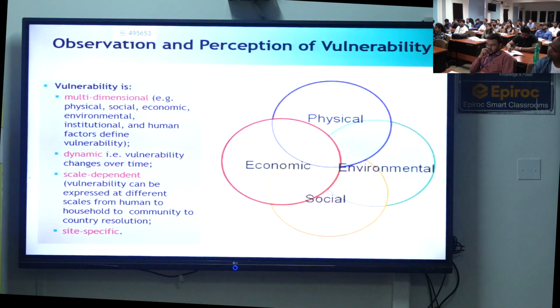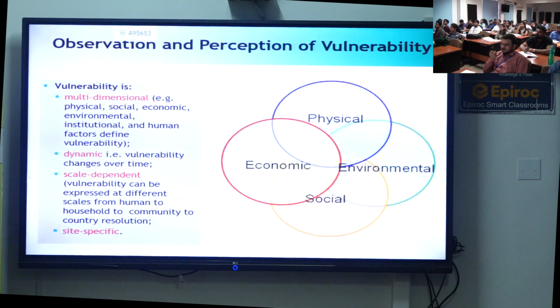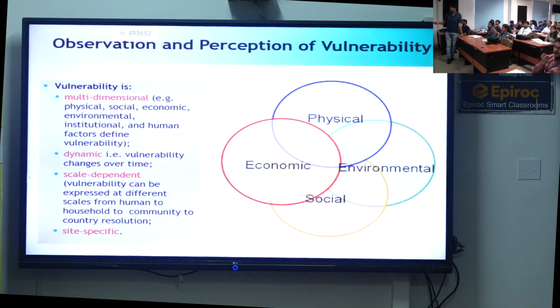We're talking about a spatial resolution of less than a meter or a meter, where one pixel size is about a meter, representing the ground surface. And this is also very site specific as well.